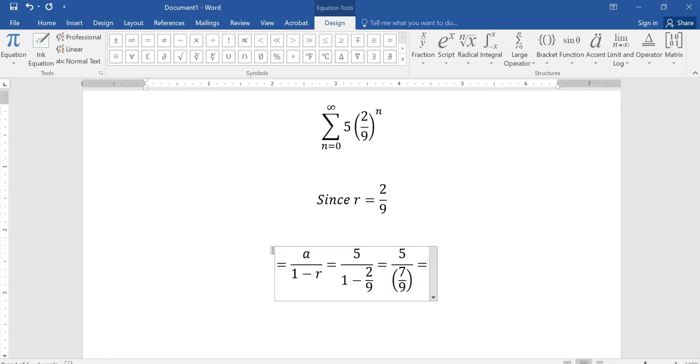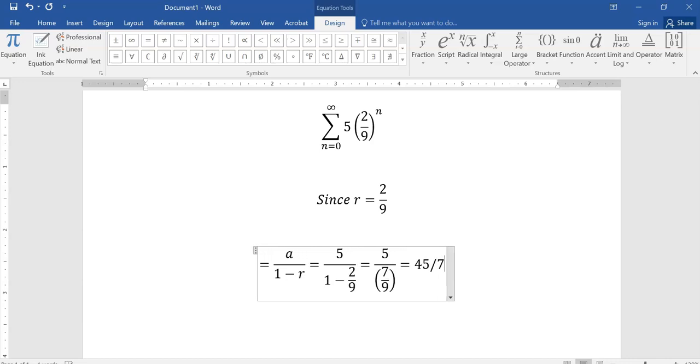Be careful when you divide a fraction of 7/9. Make sure you put that in parentheses. So when you type that into your calculator, which is 45/7 as an improper fraction. So there you go, 45/7, which is, whoops, excuse me, 6 3/7 if you'd rather write it as a mixed number.